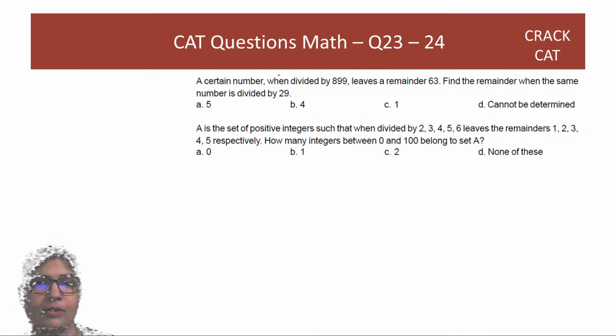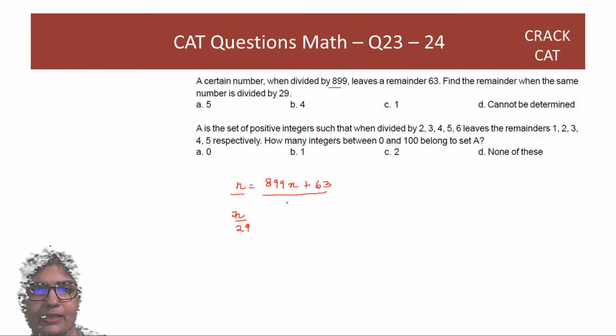A certain number, when divided by 899, leaves a remainder 63. That means the number can be written as a multiple of 899 plus a remainder of 63. So when I divide this number by 29, you get 899 by 29 plus 63 by 29.